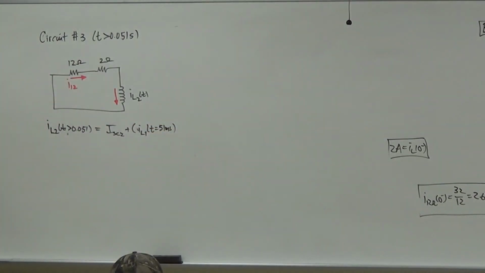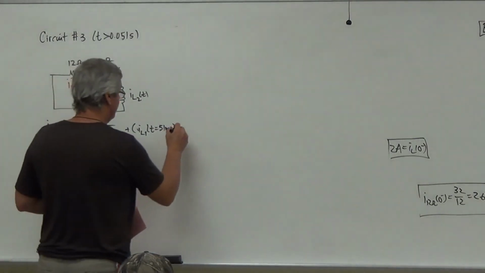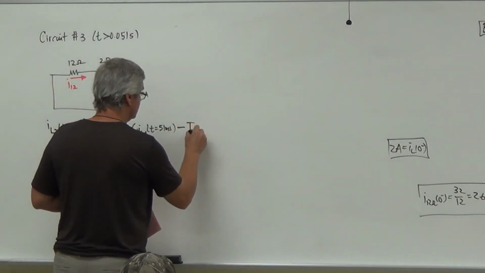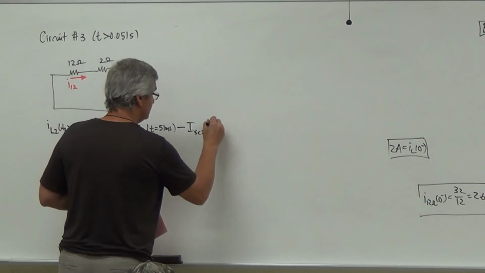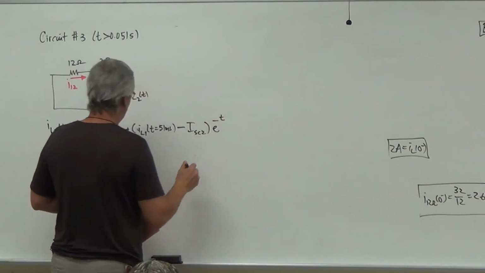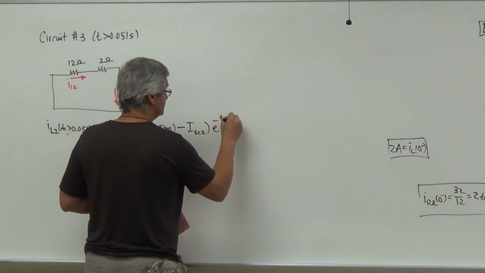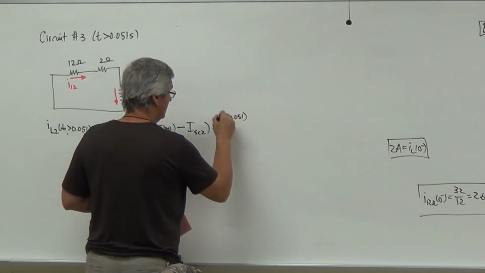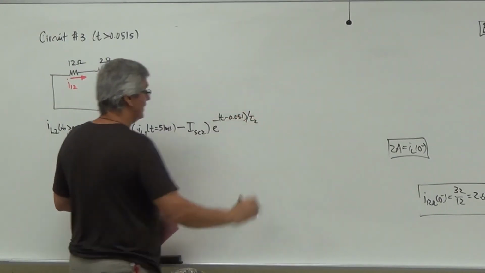That's what the current was initially. Minus I short circuit 2 times e to the minus t, and there's a shift here of 0.051. And now I have a new time constant.